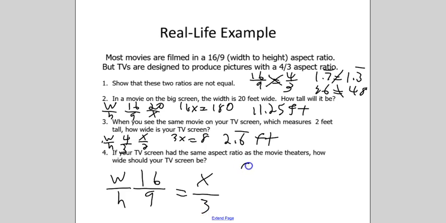So I'm going to do 9x equals 16 times 3, 48. And then I do 48 divided by 9, and I should have 5.3 repeating, or 5 1/3 feet. So that should be the width, if it was the same aspect ratio as a movie theater.